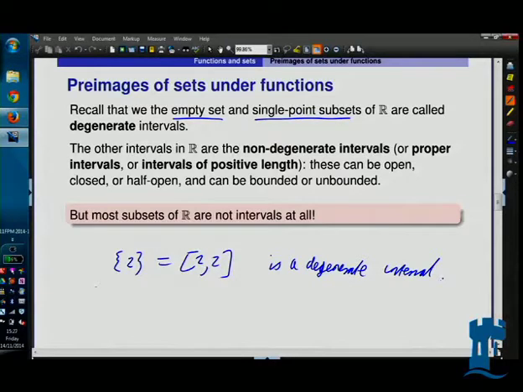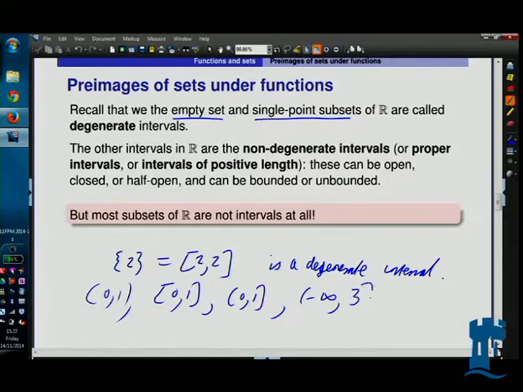You've got 0, 1, all the open intervals, closed intervals, half open intervals, unbounded intervals. R itself is an interval. These are very nice subsets of the real line.